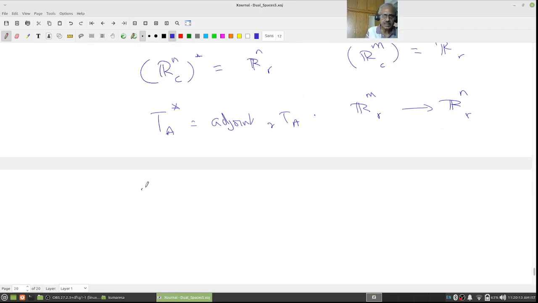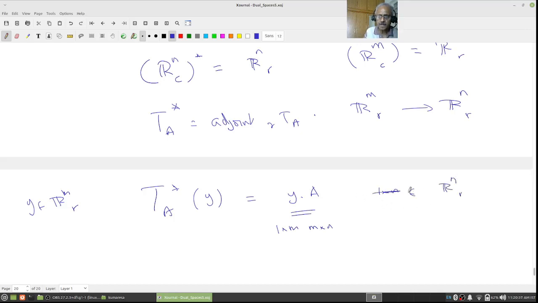I say TA star of any vector y in Rm rows is nothing other than y times A. Notice that this will be 1 cross M, this will be M cross N, therefore the result will be 1 cross N, which is in Rn rows. Is it okay? This is a claim.